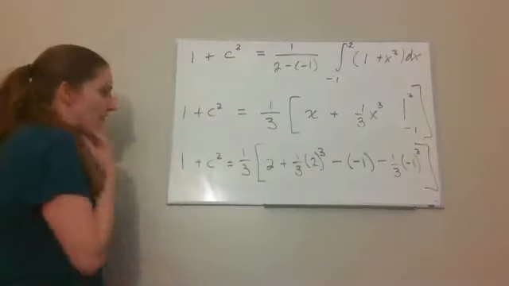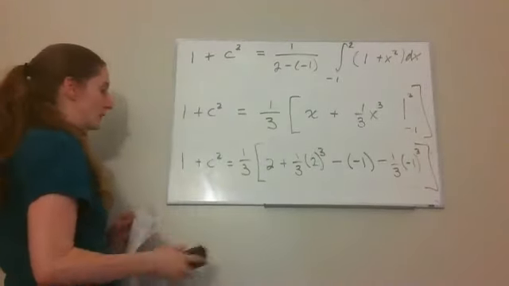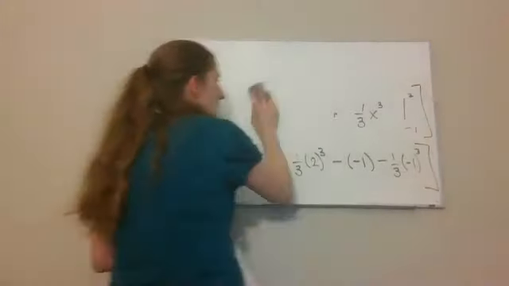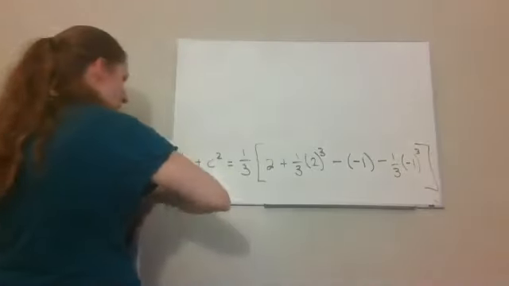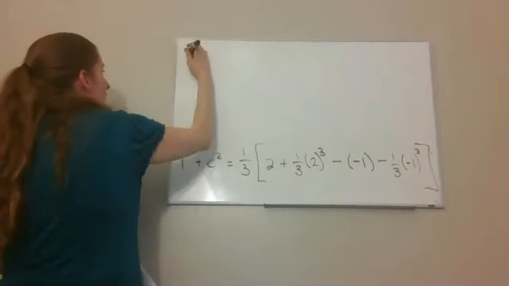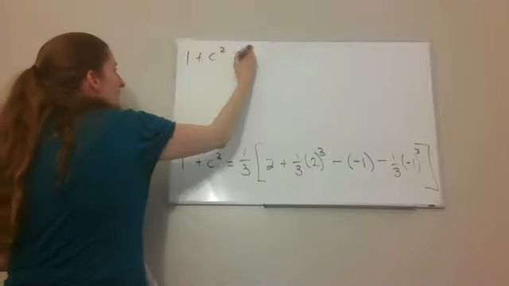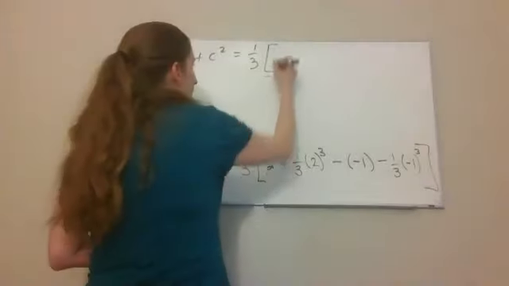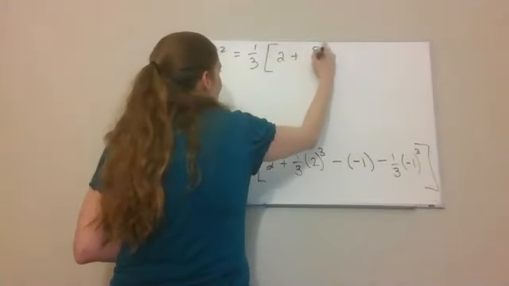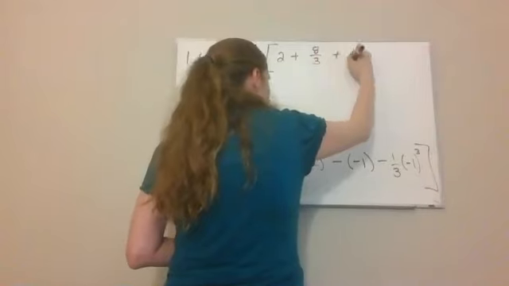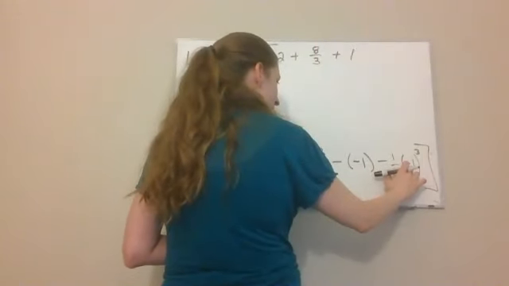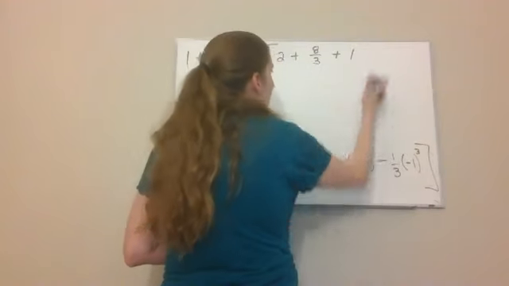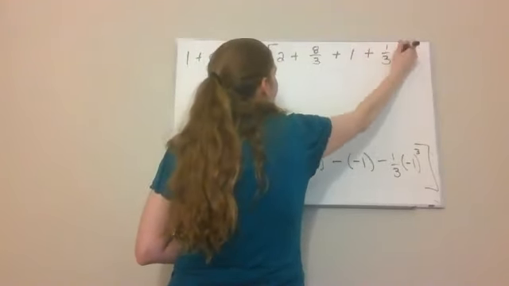And then we just have to simplify this and solve for c. So I get 1 plus c squared is equal to 1/3 times, well, this is 2 plus 8/3 plus 1, and this guy is going to be a -1, but then it's still a minus over here, so this is going to be plus 1/3.